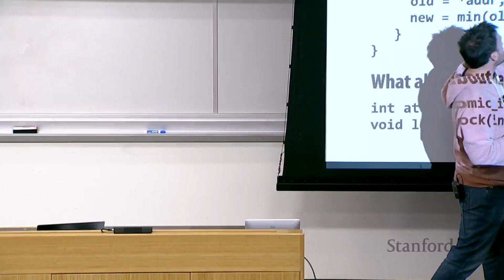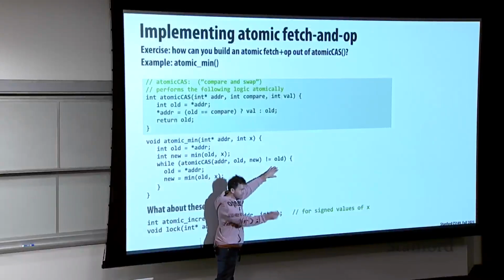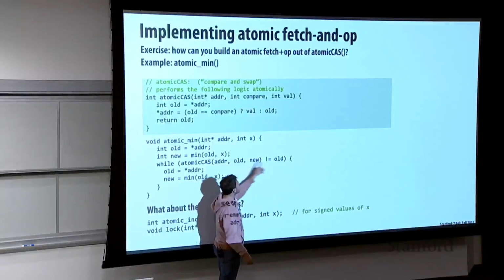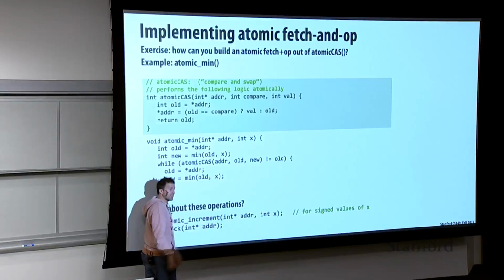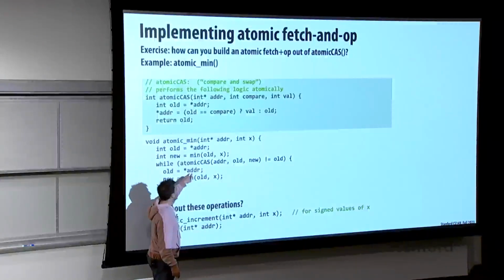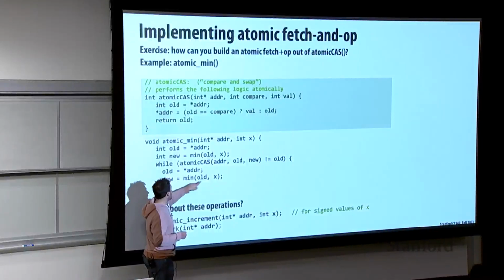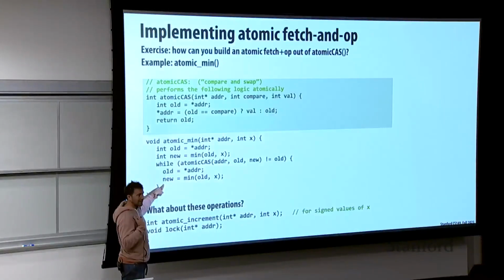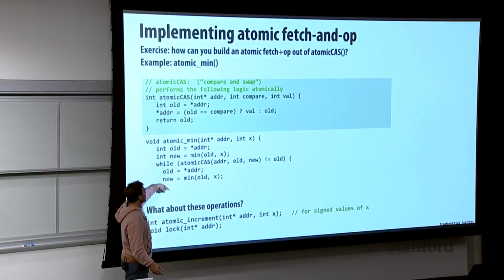So when atomic CAS returns to me, it returns 80. I go, whoa, 80 is not equal to 100. Therefore, my atomic CAS must have failed. I need to try again. So I go load the value from memory again. I now observe 80. I compute a new min, and I go, oh, my 90 is bigger than your 80, so it should just stay 80. And then I try again.